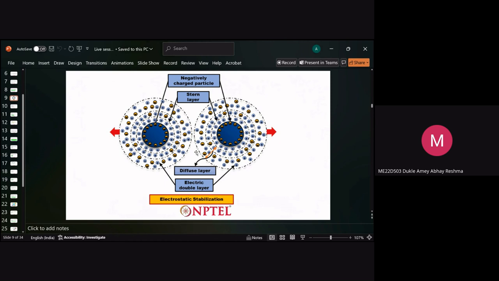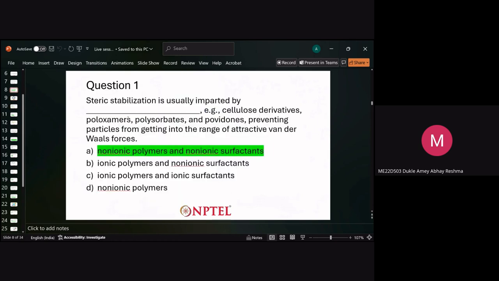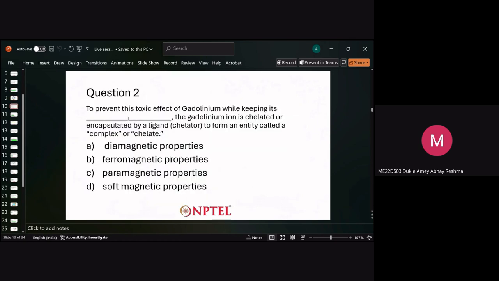So what you want to do is keep the two nanoparticles separate so that there is no interaction between them. So you reduce the charge distribution in the medium, and that leads to better stability of the nanoparticles, which is achieved by using non-ionic polymers and non-ionic surfactants.